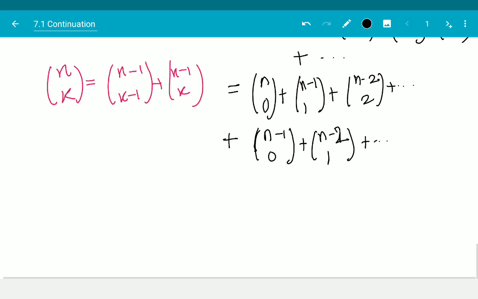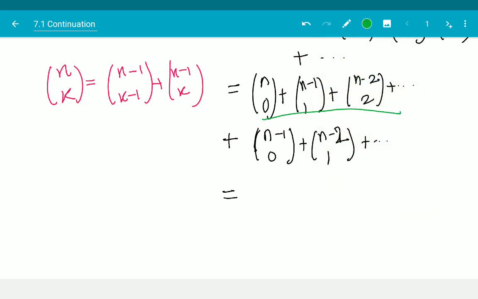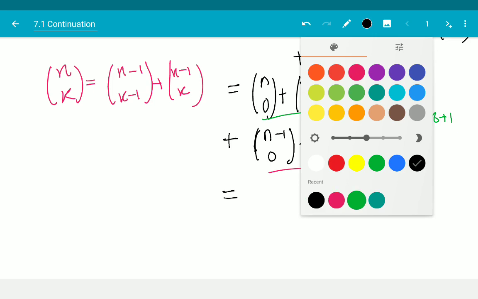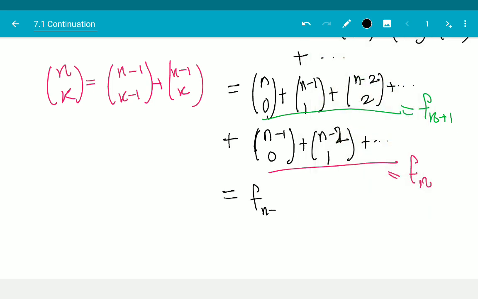And by my induction hypothesis, the first part is equal to f of n plus 1, and this by my induction hypothesis is f of n, right? And so I get that this is equal to f of n plus 1 plus f of n is equal to f of n plus 2, which is f of n plus 1 plus 1.